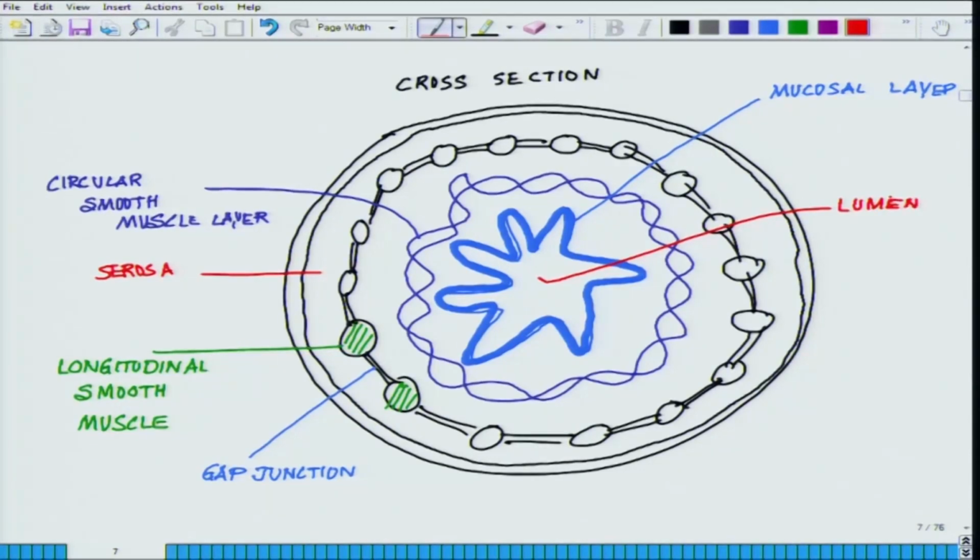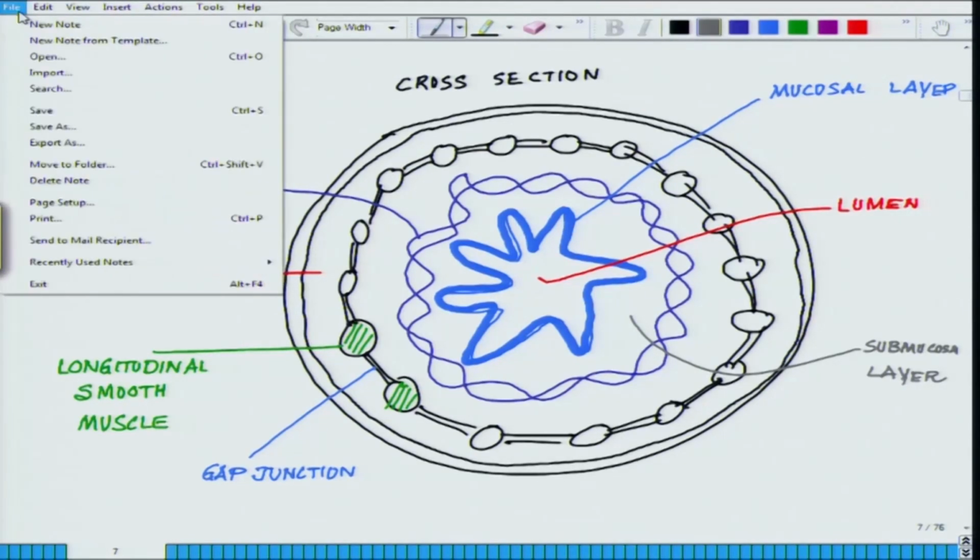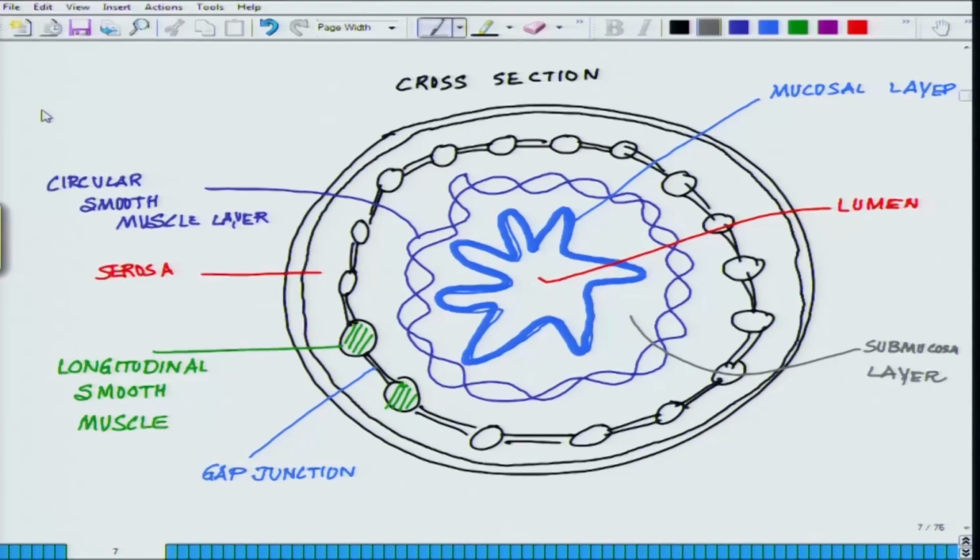In between these two there is a layer called the submucosal layer. So, if you look at it, you have the outermost covering, then you have the serosal layer which is here.